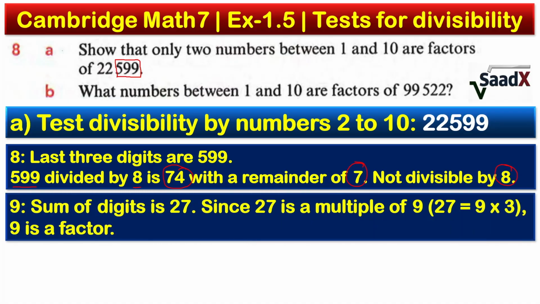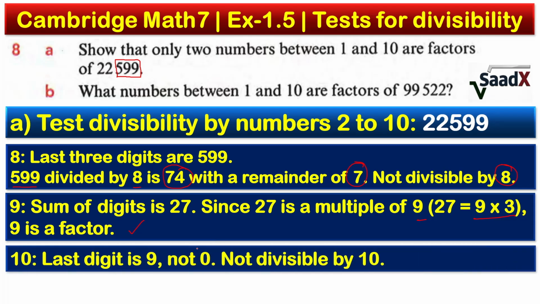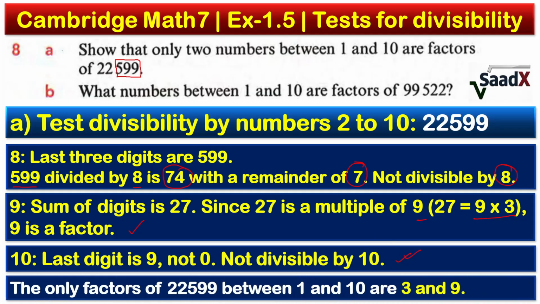And finally, the sum of digits is 27. 27 is a multiple of 9, since 9 times 3 is 27. So 9 is a factor. One more thing, the last digit is 9, not 0, so this number is not divisible by 10. Therefore, the only factors between 1 and 10 are 3 and 9.